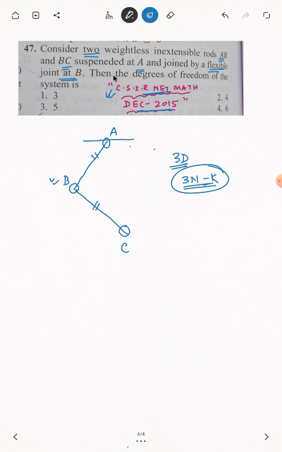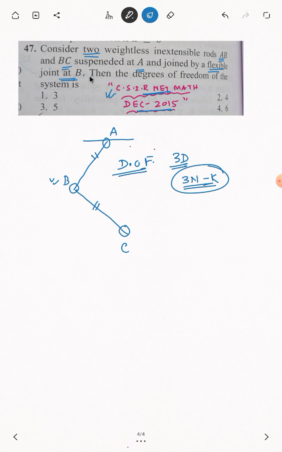Then they ask for the degrees of freedom of the system. Now look at the beautiful result here. Why we have these degrees of freedom in such a system will not be easy to see, because it can only be done with a perfect conception of the topic DOF.